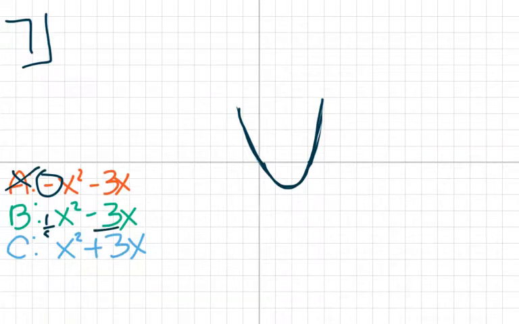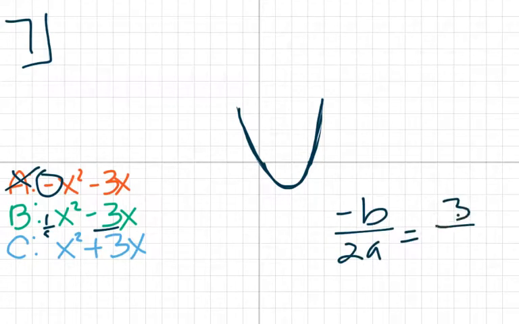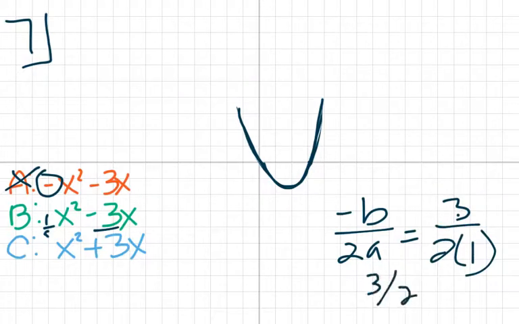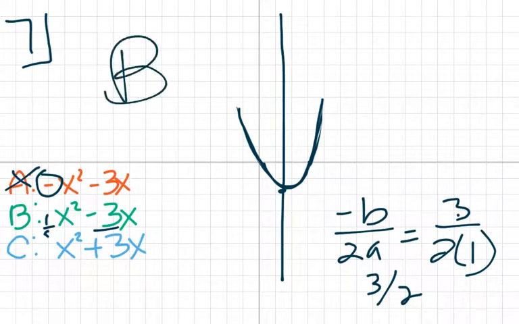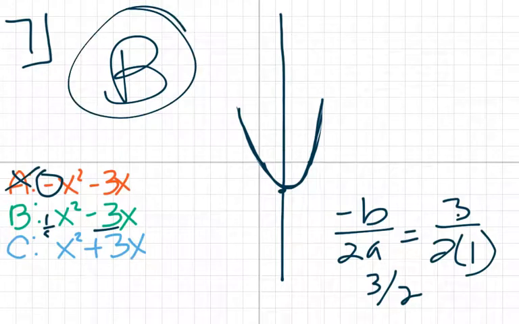So we're going to plug it into opposite b over 2a. So that is positive 3 over 2 times 1, and that is 3 halves. So if we look at this, because this is positive, it is possible that this is our function, because if we look at 1.5, which is the same as 3 halves, that's where our axis of symmetry is. So our answer is going to be B.